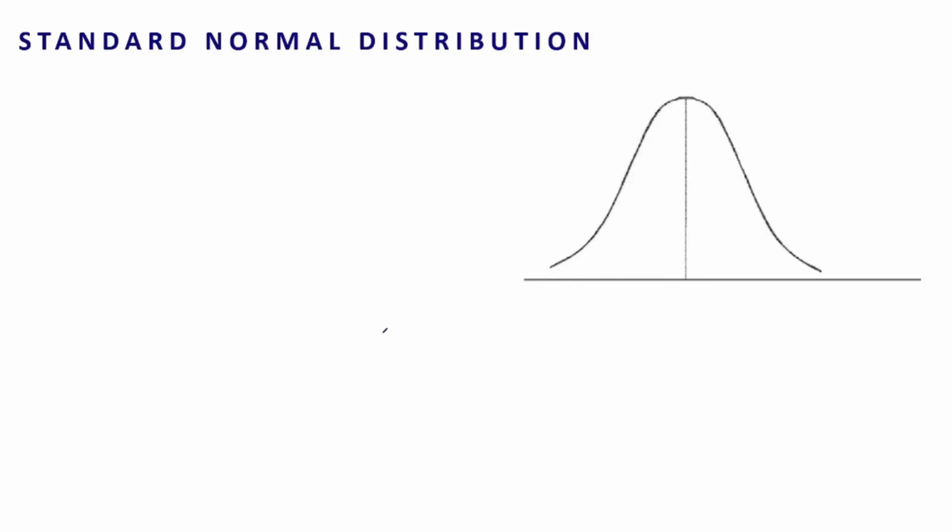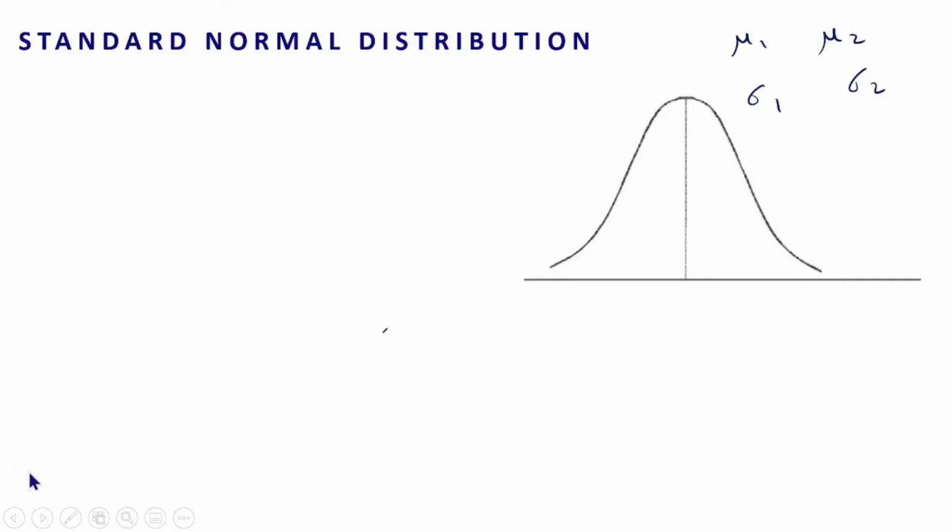Now we will see what is standard normal distribution. If we want to compare, say, two different normal distributions, then we need some common term for comparison. If we have two different means mu1, mu2 and then sigma 1, sigma 2, it will be difficult to compare.